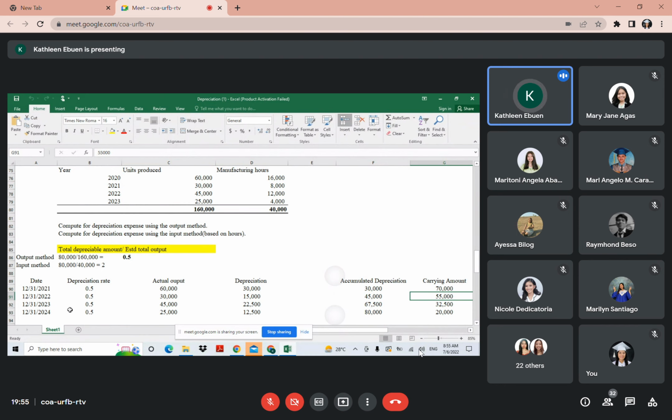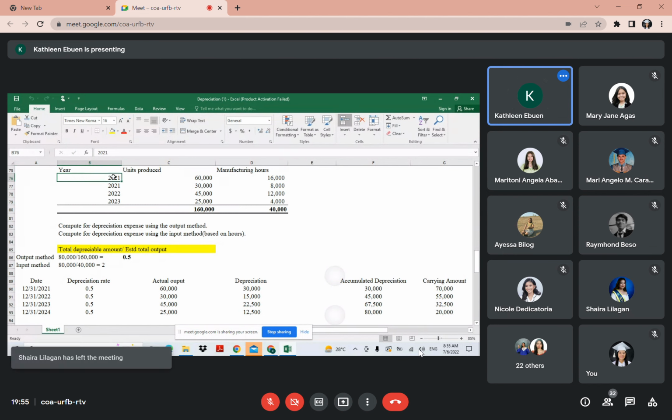December 31, 2023, 0.5 rate. So 45,000 for 2022. We get the depreciation po na 22,500. Accumulated depreciation is 67,500 and the carrying amount po na 32,500.